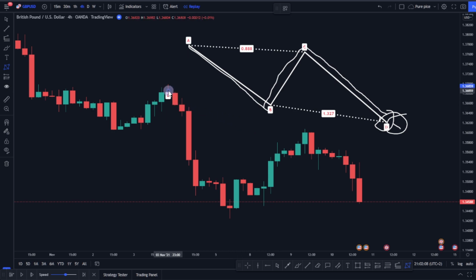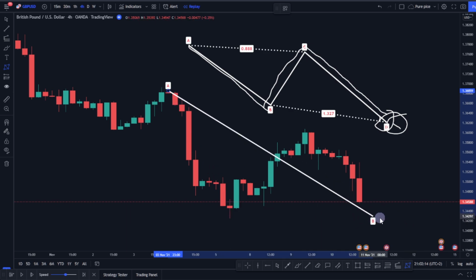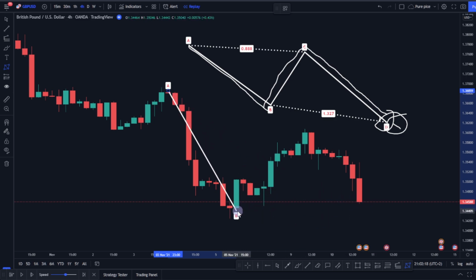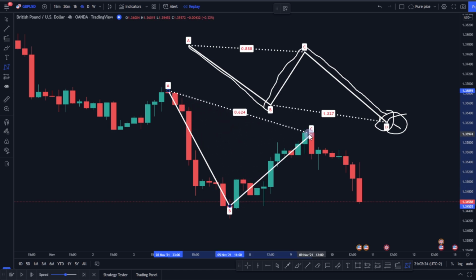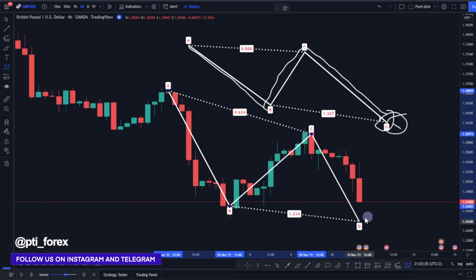Here you place your A point, and then your B point is going to be on the most recent low. Remember, you don't have the next low yet. The next low is where you'll be looking to enter your market. So the B point should be on the most recent low. Then C should be on the most recent high, like that. And then D should be at the place where you're going to be entering your trade.